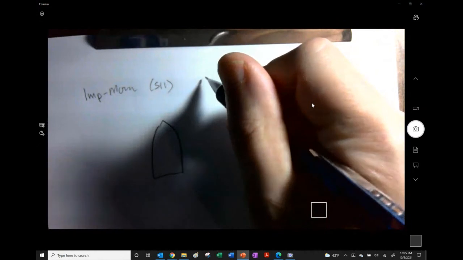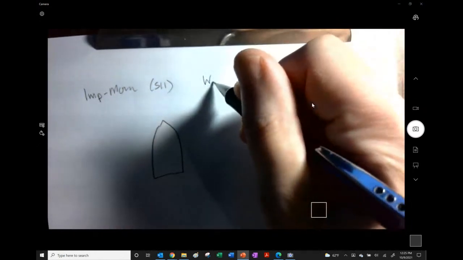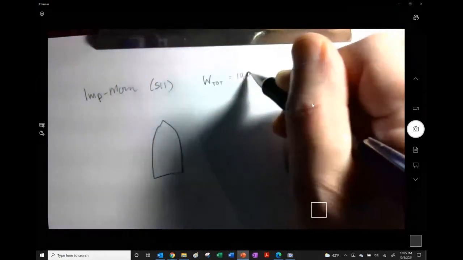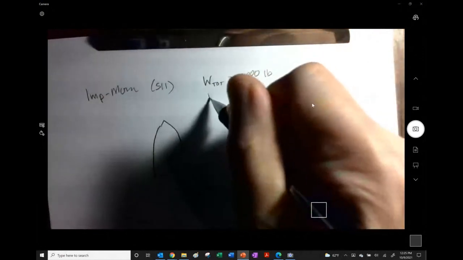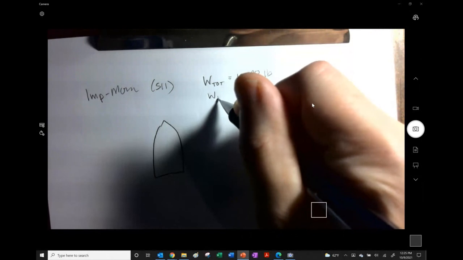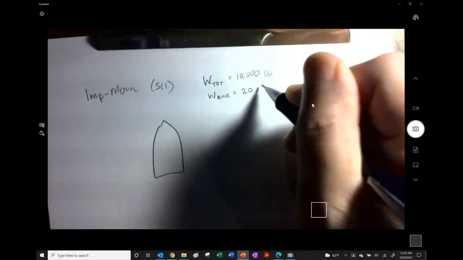So we got this boat traveling this way right here. The total weight beforehand is going to be 10,000 pounds. And the weight of the round, RND, is 20 pounds.